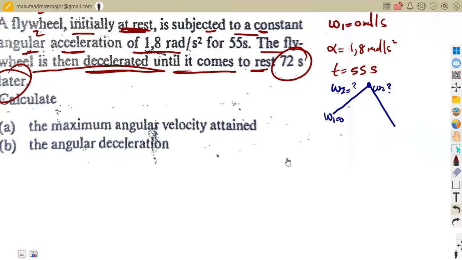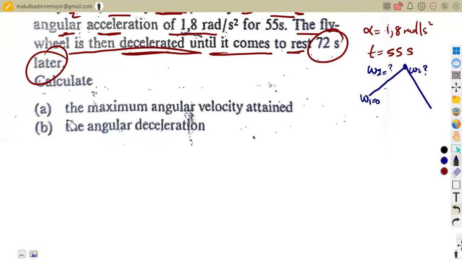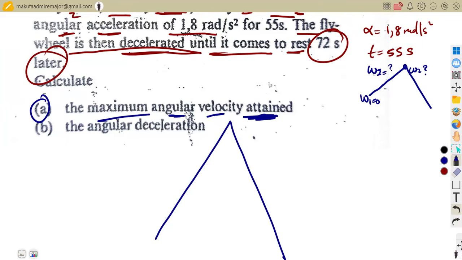They are asking us to calculate, as our first question, the maximum angular velocity attained. Why maximum? Because it accelerated up, then it decelerated. It just went up to that point, then it went down.